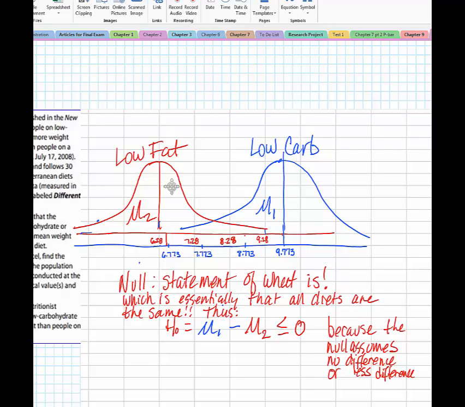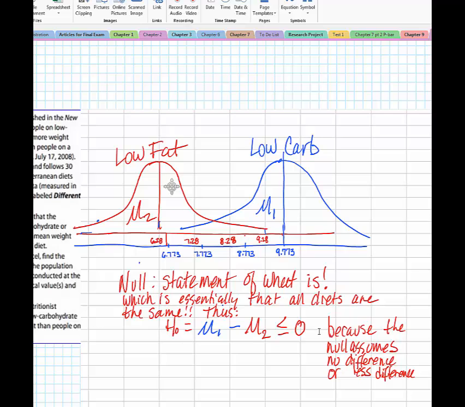So essentially what I have written out here is that the null is the statement of what is. So what is essentially that all diets are the same. Thus, we're really hypothesizing, the current opinion is that mu1 minus mu2 is less than or equal to 0, because the null assumes there is no difference, or if anything, that diet number 2, the low fat diet, the current diet, maybe even is better than this newfangled diet.